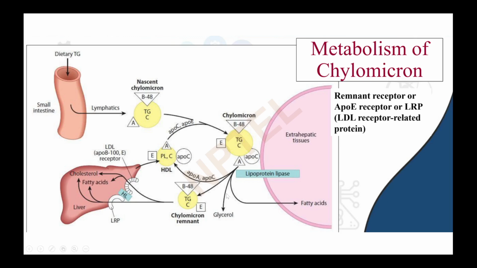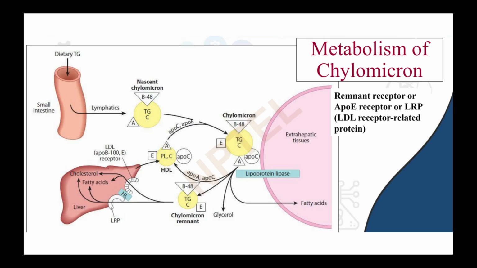Then ApoC2 will dissociate, and ApoE will remain bound to the chylomicron remnant. Along with this ApoE, the remnant can bind to the receptor LRP, and be taken up by the liver, where the cholesterol and fatty acids will be metabolized.